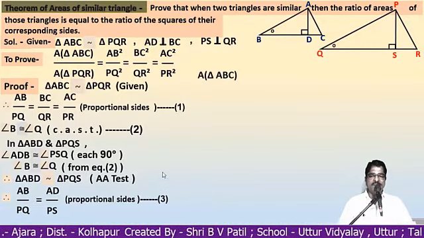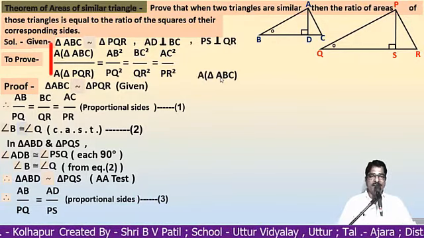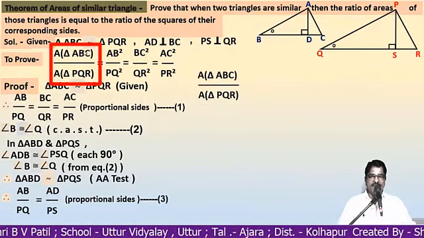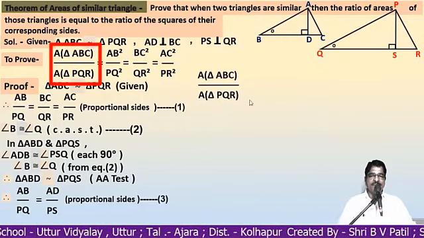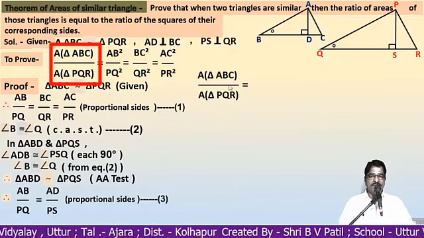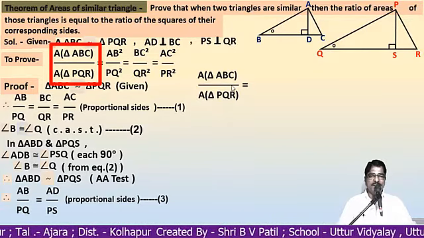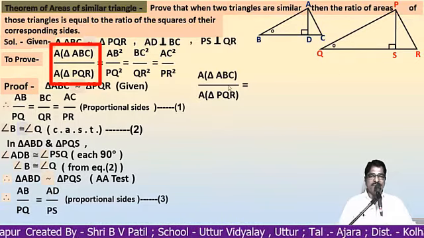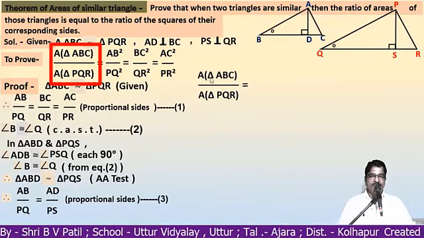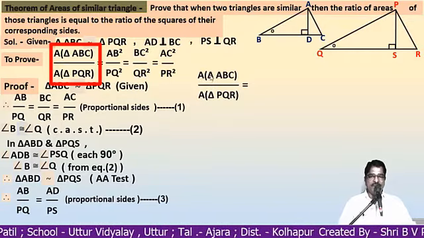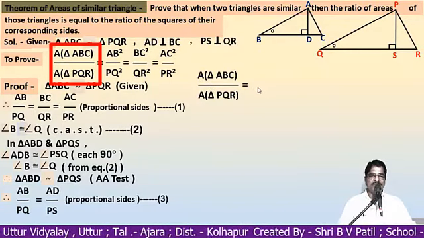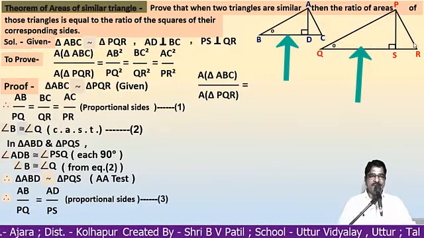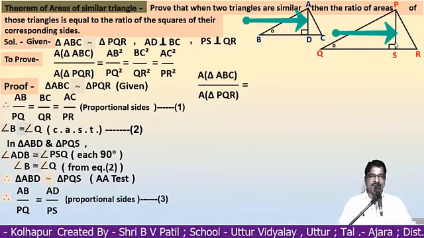Then equation 3 here. Then area of triangle ABC divided by area of triangle PQR, that is the LHS, to prove, is equal to. Here we use a property that we studied at the start of this chapter: the ratio of areas of two triangles is equal to the ratio of the product of their bases and corresponding heights.